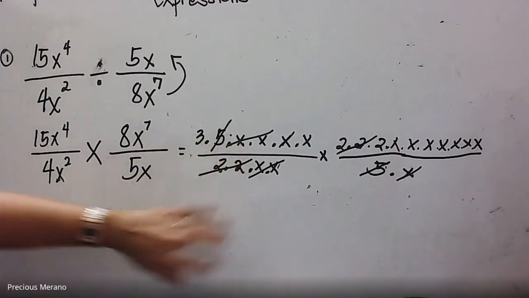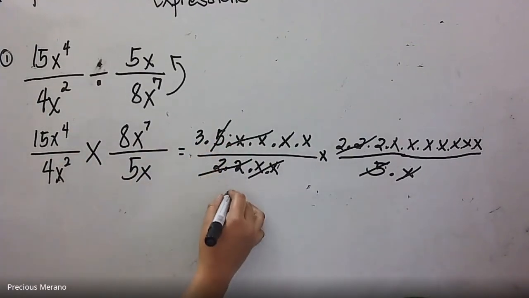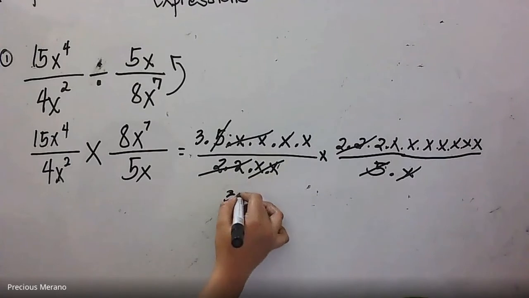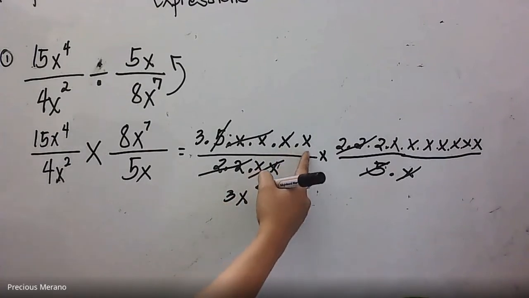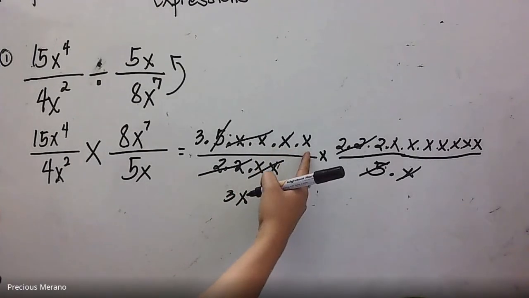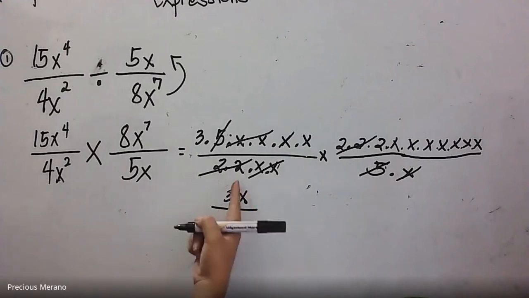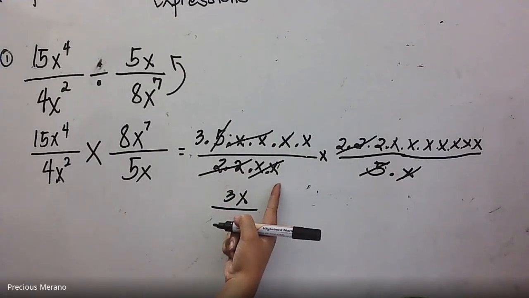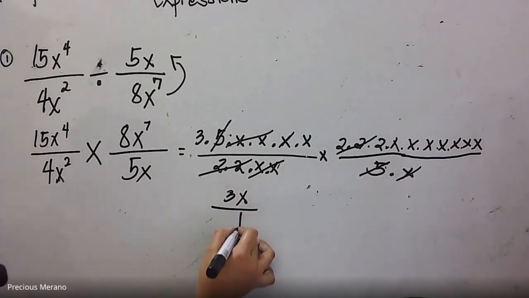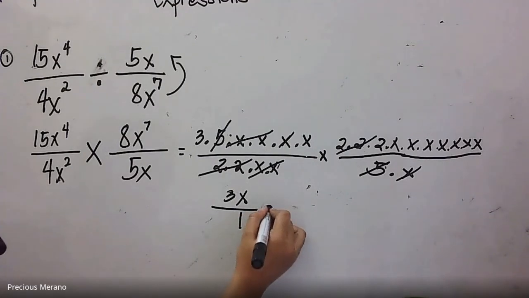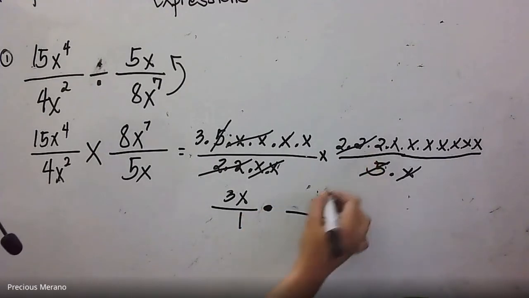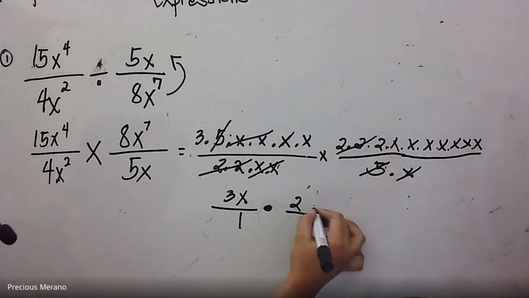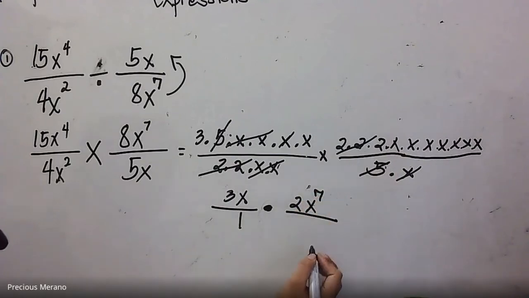So, copy the remaining terms. So, dito is 3 times x, isang x over, dito ba may natira? Wala, therefore that is 1. And then 2, and then x to the 7th power, and then over 1 din siya.